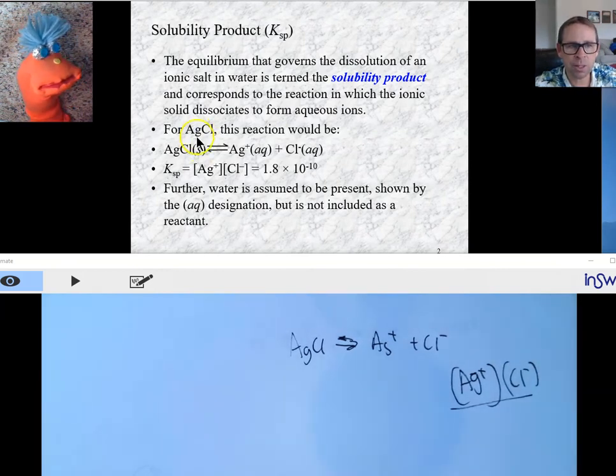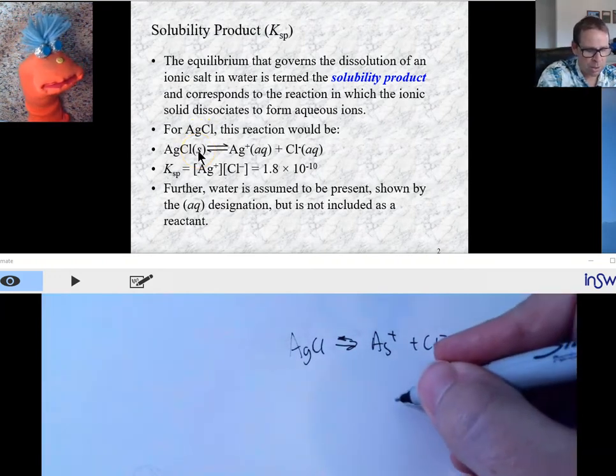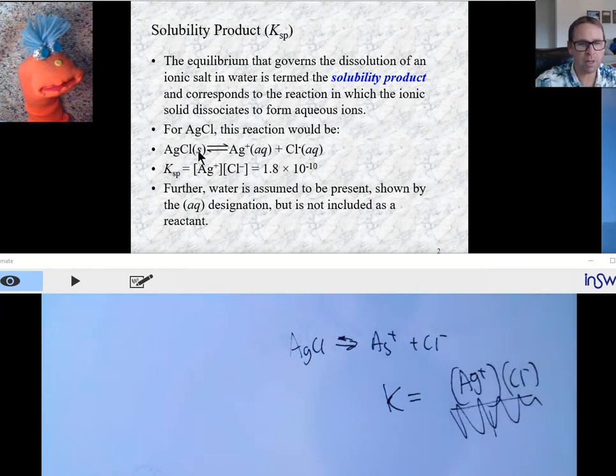But silver chloride is solid, and solids aren't included, so just over 1. So the K for this reaction equals the silver ion concentration times the chloride ion concentration. The Ksp, whatever the value is, will be equal to the product of these values.